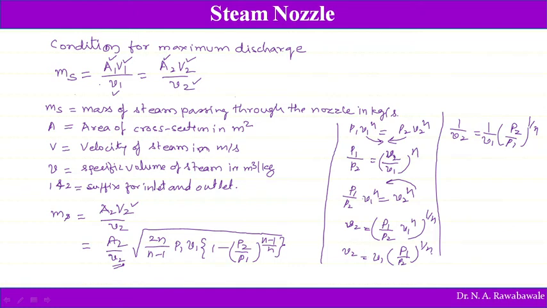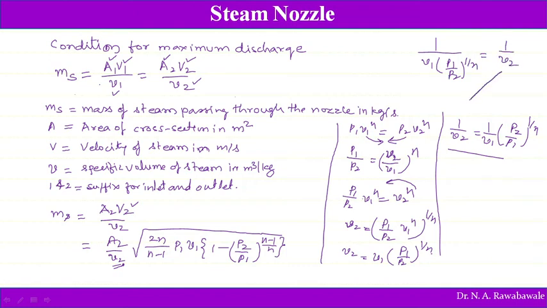So then we can rewrite this in terms of this way, 1 by v2 is equal to 1 by v1. So this, if we want to know this, just transfer this v2 on left hand side, and the terms which are on right hand side transfer it on left hand side. So here we get v1 p1 divided by p2 to the power of 1 over n, which is equal to 1 over v2.